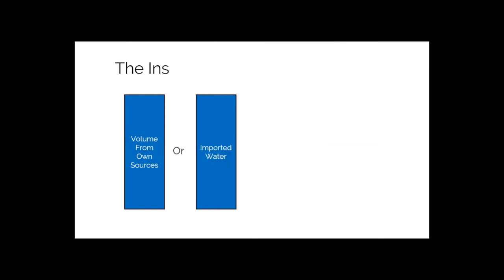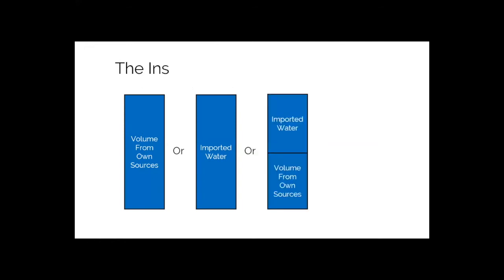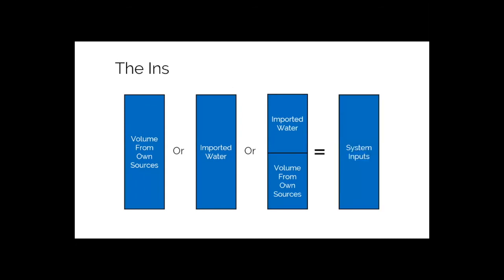So your water can come from a couple of places. It can come from your own sources, so that would be your wells, your source water, or you can have water that enters the system that you import or that you purchase from another system. Or you can have a combination of those where you purchase some water and you produce some of your own water. These are considered your system inputs.